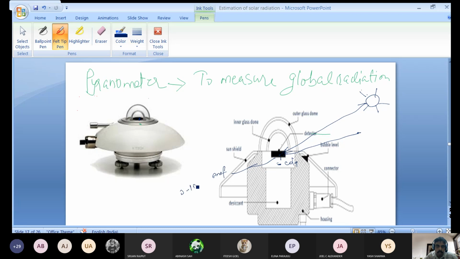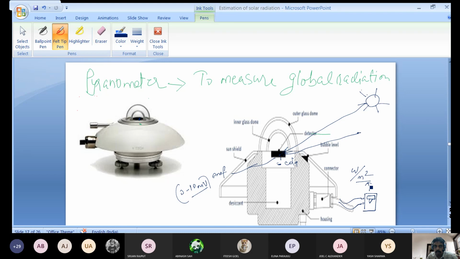0 to 10 millivolt, that is the typical range. You can expect very little EMF generated, that you can measure. This will have a wire cord, and you can connect it to a voltmeter, so you will read the millivolt generated. How do we get solar radiation? We are getting millivolt, and this millivolt is converted into watt per meter square.